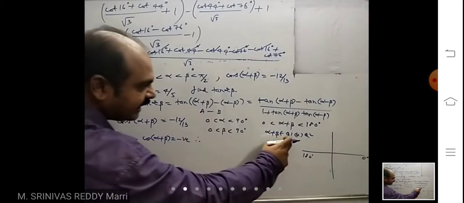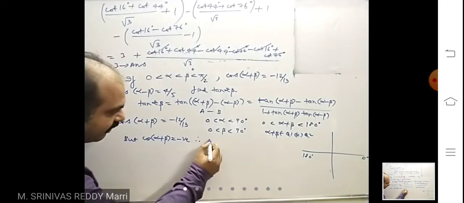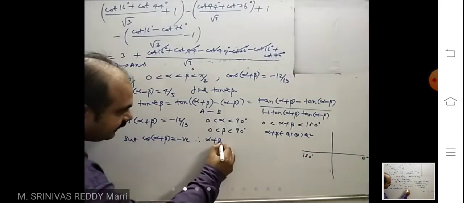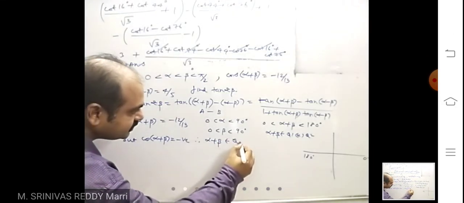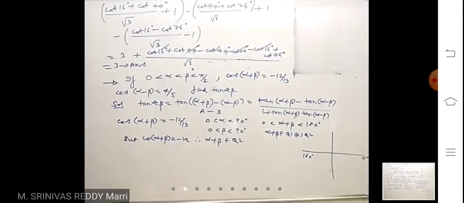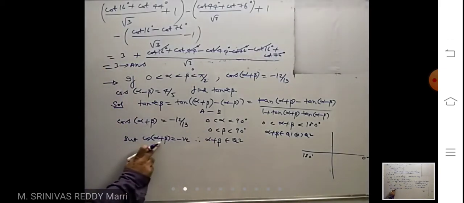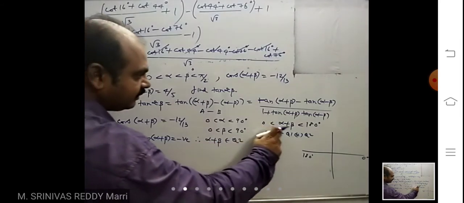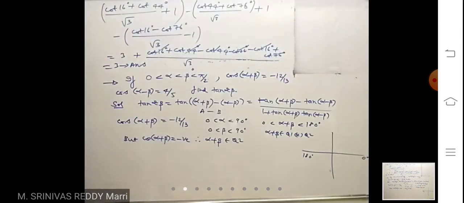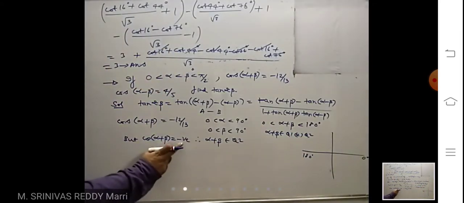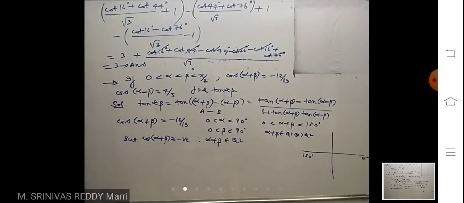Therefore, in quadrant 1 it cannot be negative. Therefore, alpha plus beta belongs to quadrant 2. Because cos is negative, and it can lie in either quadrant 1 or quadrant 2, definitely, as it is negative, it will lie in quadrant 2.